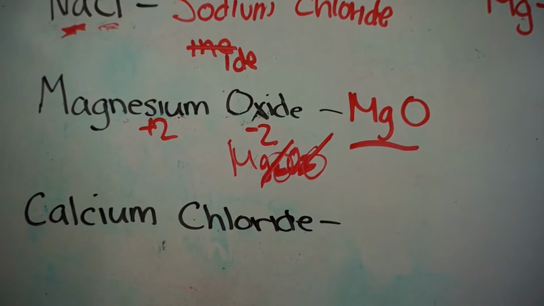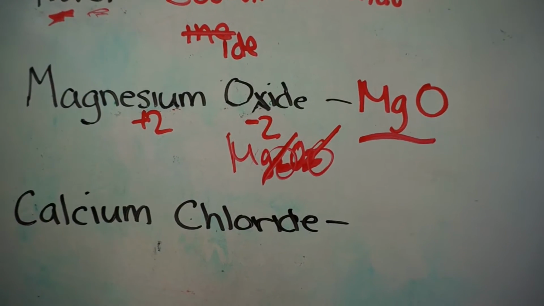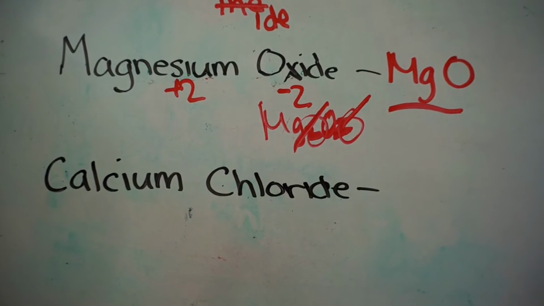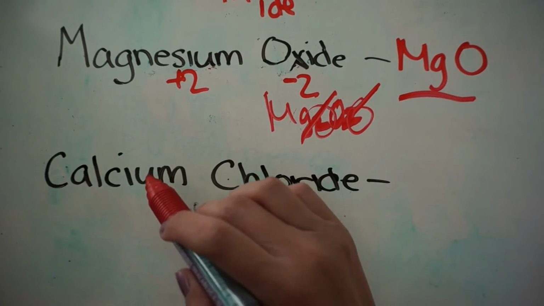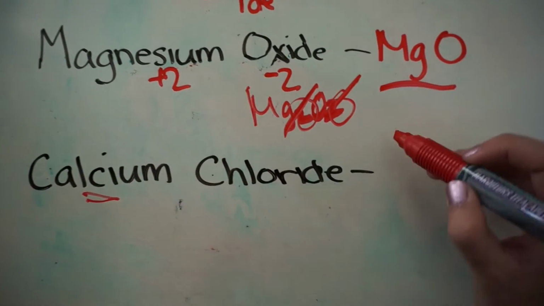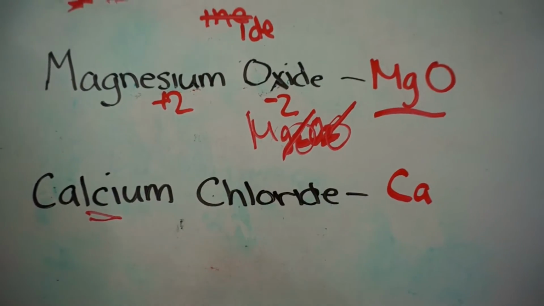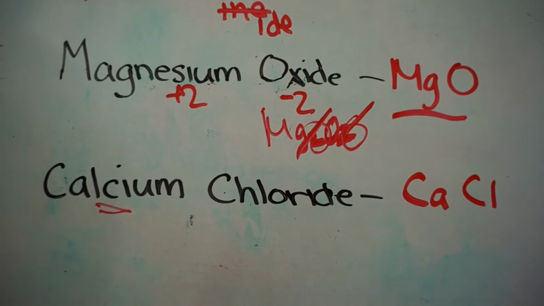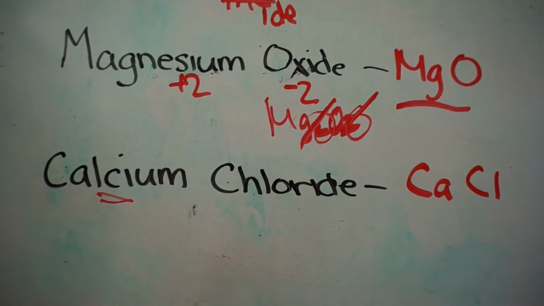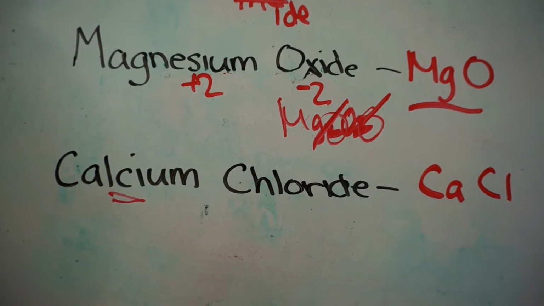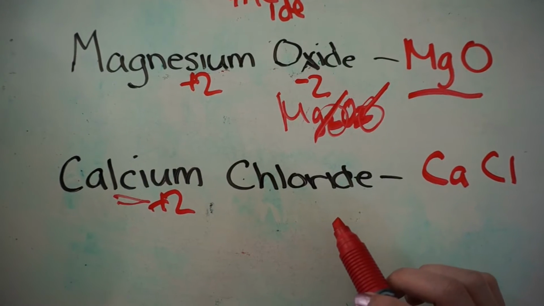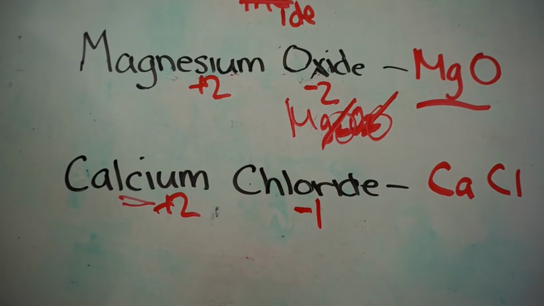Okay, so calcium chloride is a little bit trickier, and it's only trickier because we're adding one more step. Using our general rules, we know that in this compound the metal is calcium, so Ca, and the nonmetal is chlorine, so Cl. However, this time their charges are not the same. Calcium has a charge of +2 and chlorine has a charge of -1.